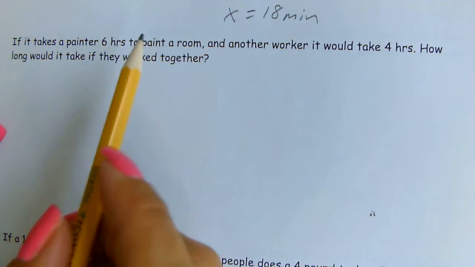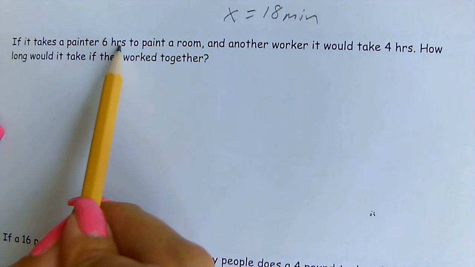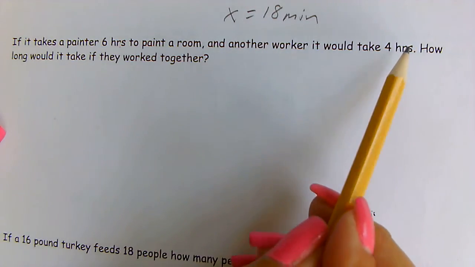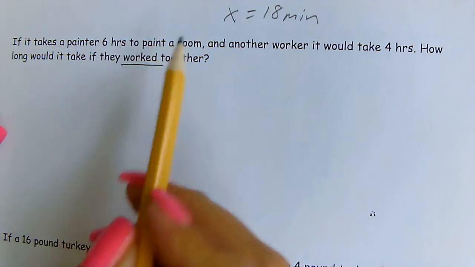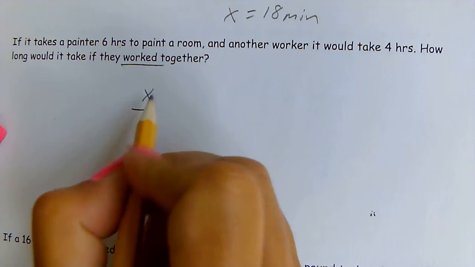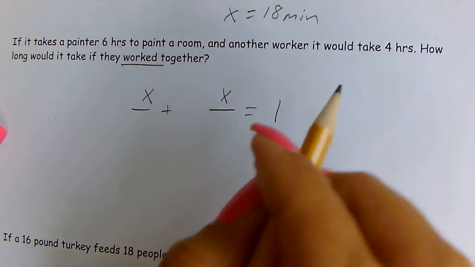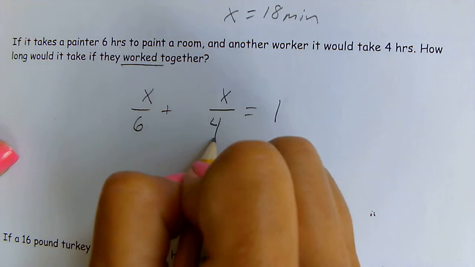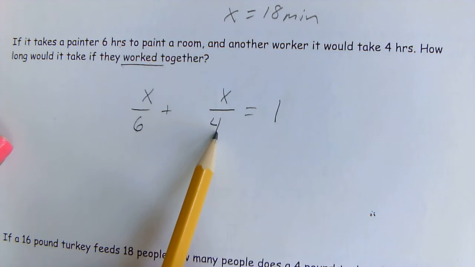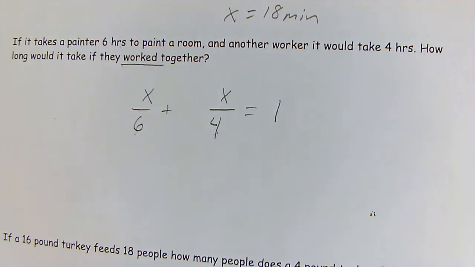Keep going. We have a painter that would take 6 hours to paint a room, another that would take 4. How long if they worked together? Two people working together to complete one whole job in hours, 6 and 4. The lowest common denominator of 6 and 4 is going to be 12.